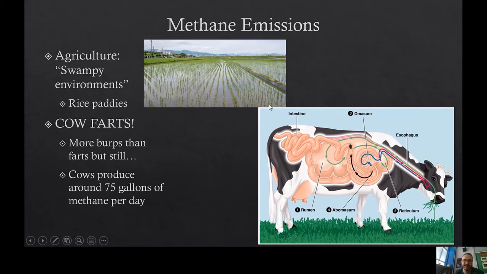Rice is a wetland plant. It needs lots of water, and it actually needs to be partially submerged in water. And so to grow rice, we kind of have to create an artificial swamp. And remember, the bacteria in these oxygen-depleted soils in this swampy environment are going to be producing lots and lots of methane.